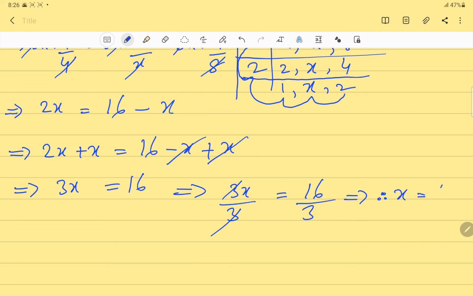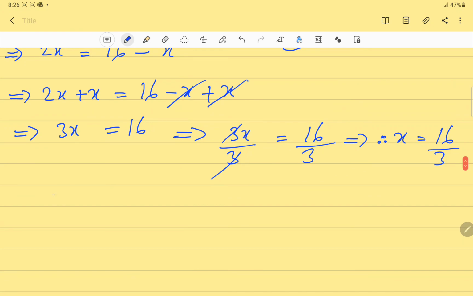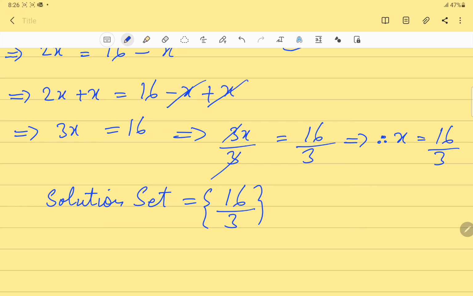So x comes out to be 16 over 3, which is our solution set and the answer of this question.